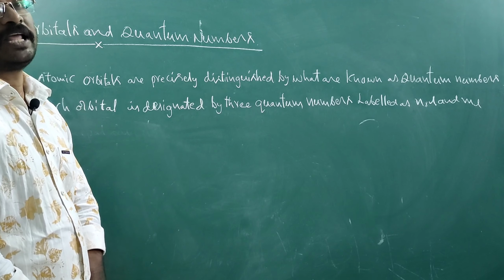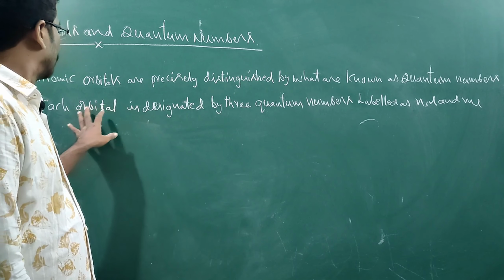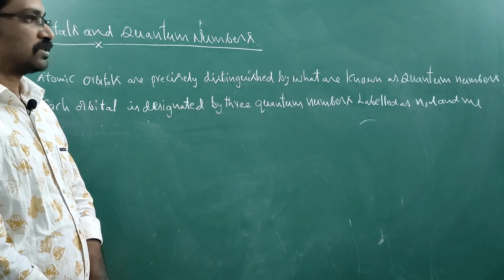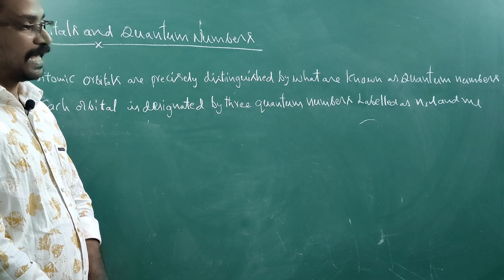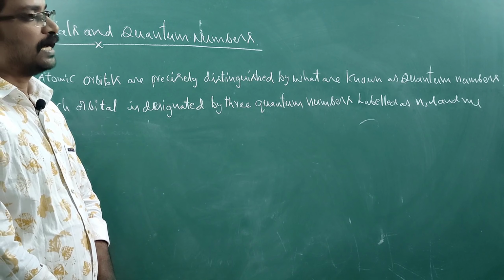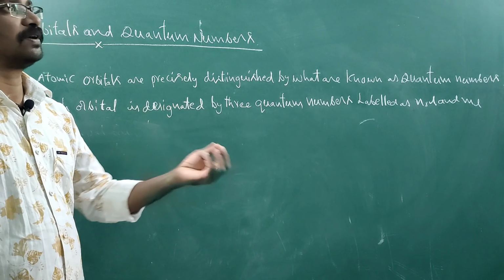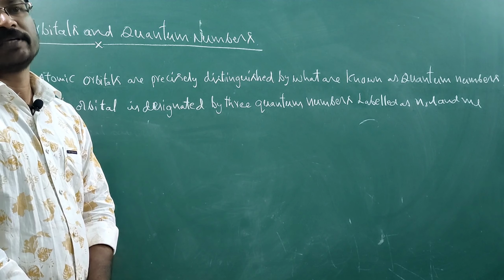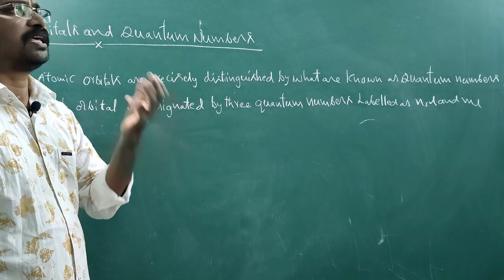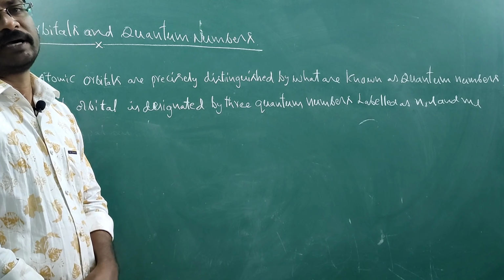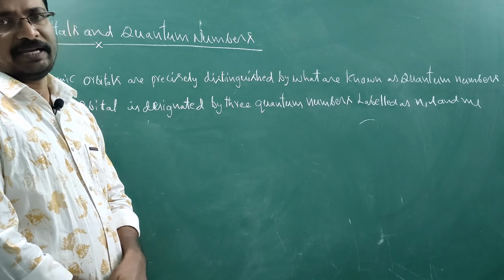Each orbital has specific quantum numbers, known as n, l and ml. These 3 quantum numbers are specific for each orbital. Let us consider the s orbital. The s orbital has fixed n, l, ml values.